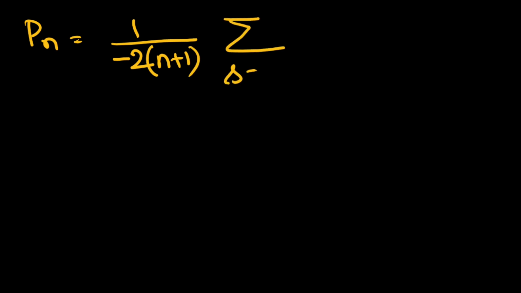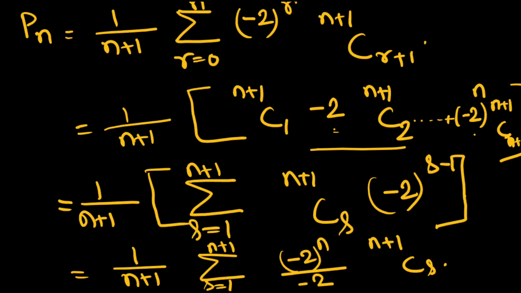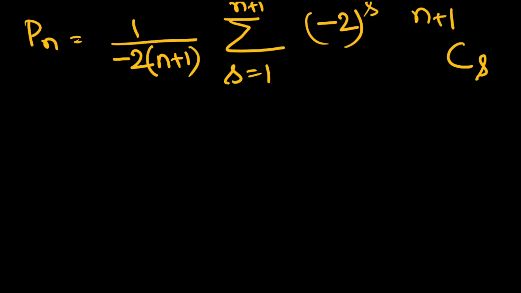So Pn is equal to, we get, 1 over minus 2 times n plus 1 summation, s is equal to 1 to n plus 1, of minus 2 to the power s times n plus 1 Cs. Sorry, it is minus 2 to the power s. Now we number this as 1.